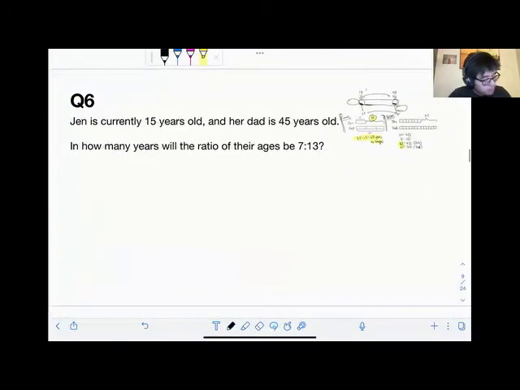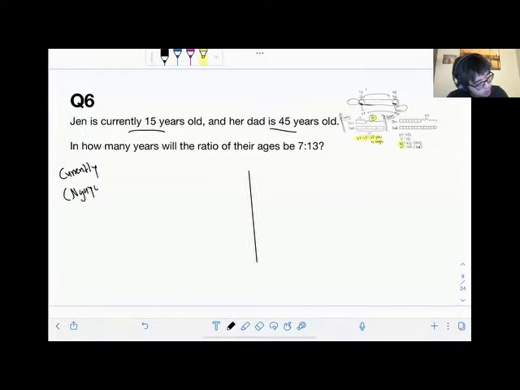Okay, so sabi po natin, Jen is currently 15 and her dad is 45 years old. So makaka-drawing po tayo ng dalawang model, no? One is currently or ngayon, and one is in the future.